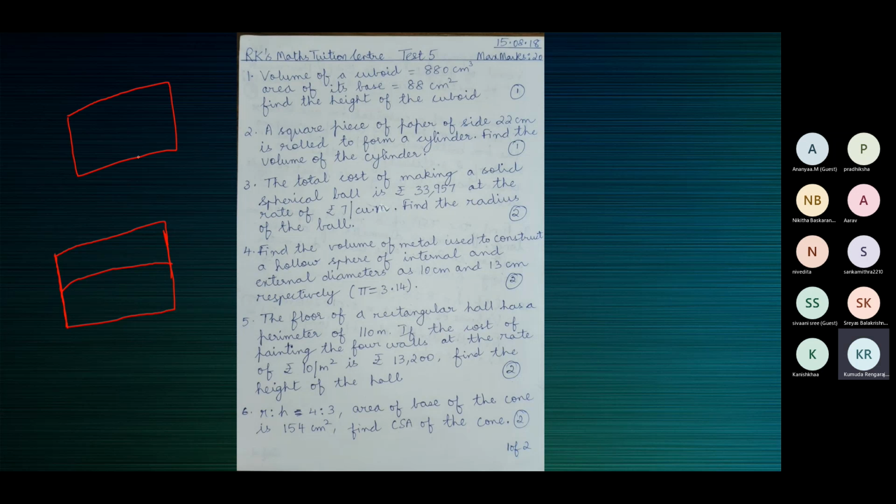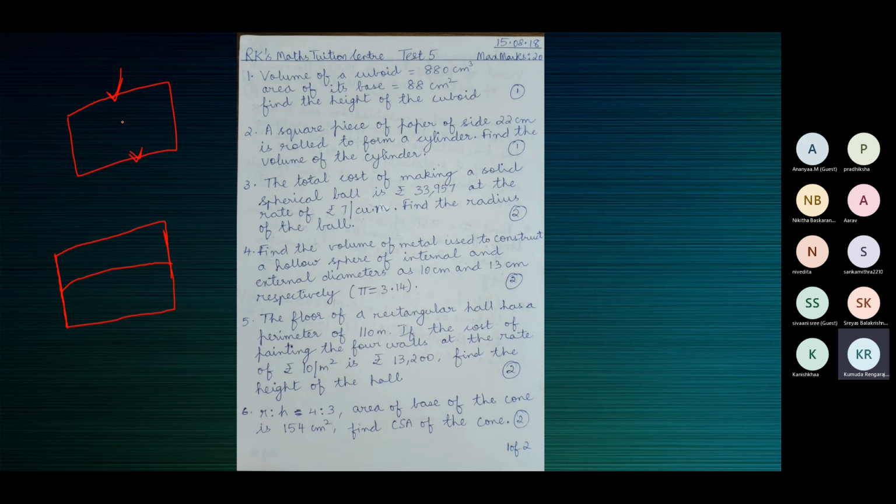When you roll it up so that this edge meets this edge, the opposite edges meet, the solid formed is a cylinder. Paper, whether square or rectangular, is a plane figure.